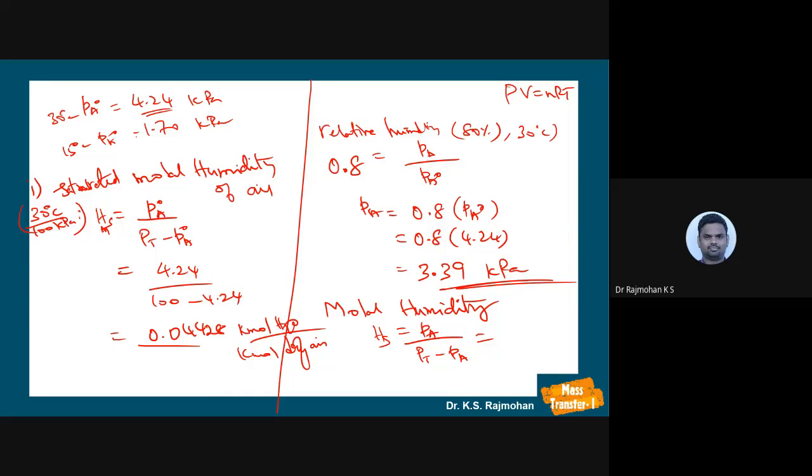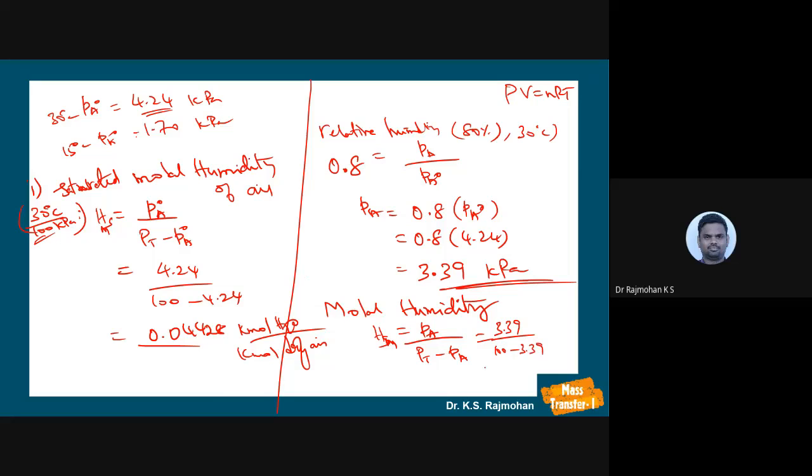If you write it simply with the partial pressure, Pa by P total minus Pa, we get the molar humidity. So we have 3.39 divided by 100 minus 3.39, and remember total pressure is 100 kilopascal.